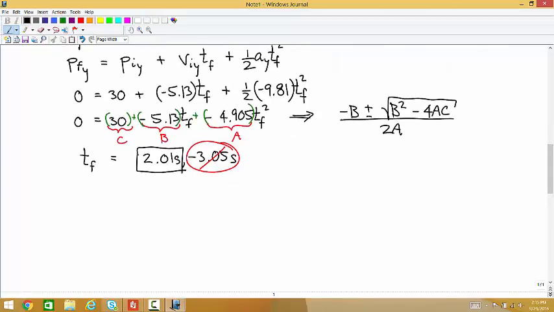Okay, so that's TF. That's how long it takes for this to hit the ground. And now we want to figure out horizontally how far it travels in the air. Is there any reason to change any of those four choices at the beginning? Nope.